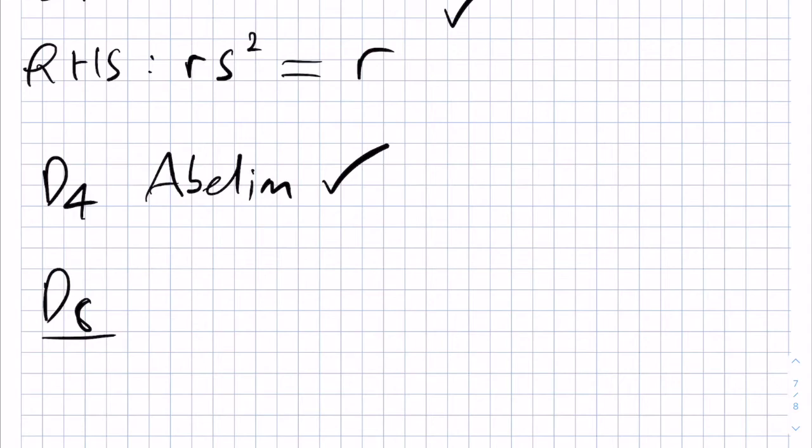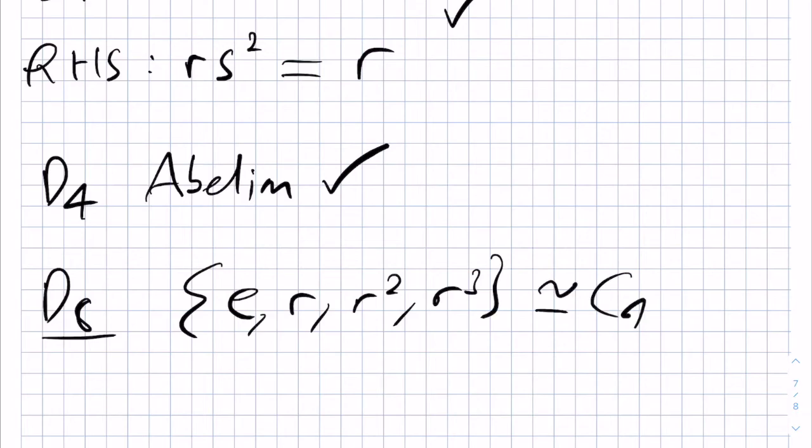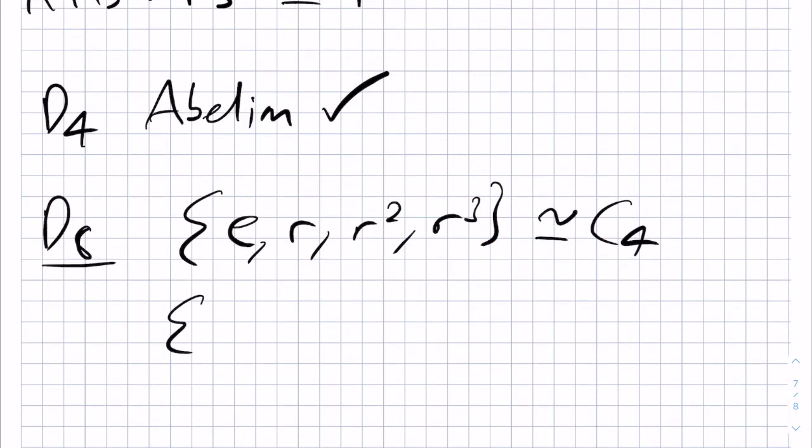We do this because if we only consider the rotations on their own, or only consider the reflections, then we won't get anywhere, because these form cyclic groups on their own, i.e. the E, R, R squared, R cubed is C4, and the group E with S is C2. And these are abelian groups on their own.